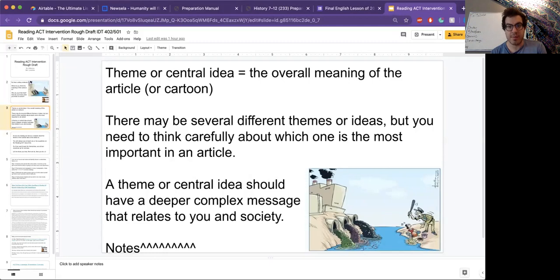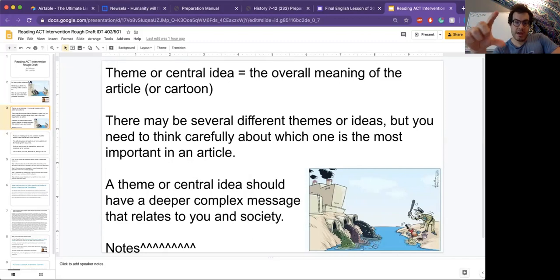But also it's about environmentalism plus corporations not receiving penalties for polluting and consumers, us, receiving penalties for polluting. That's a much deeper understanding of the cartoon than just saying environmentalism.